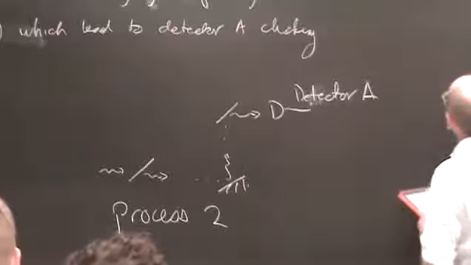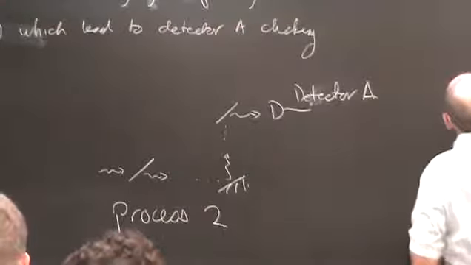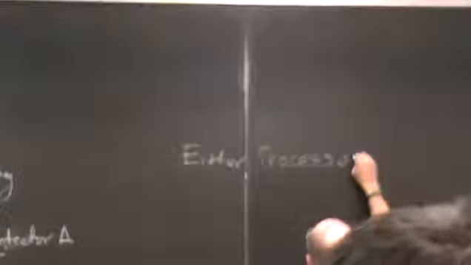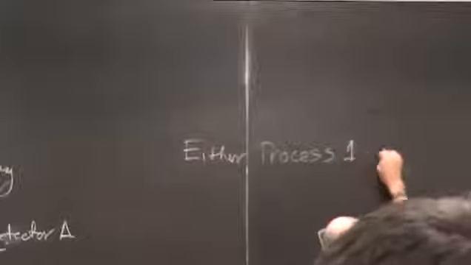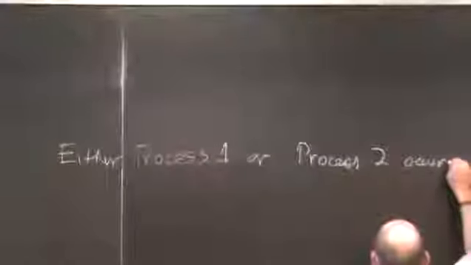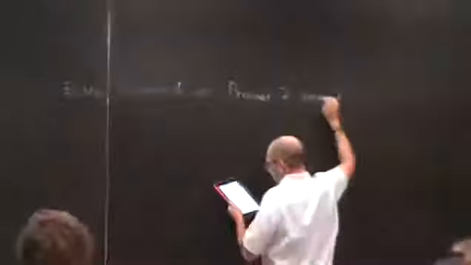Okay? Now, logically, what you would say is either process 1 happened or process 2. They're mutually orthogonal. That's how we're going to argue logically, right?